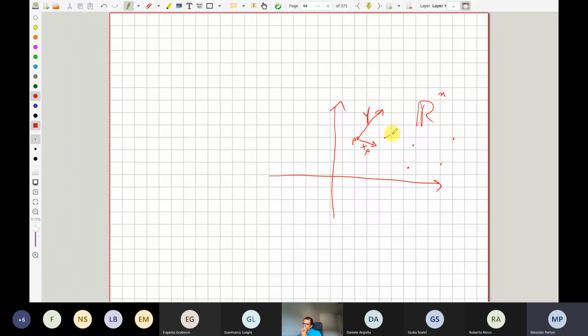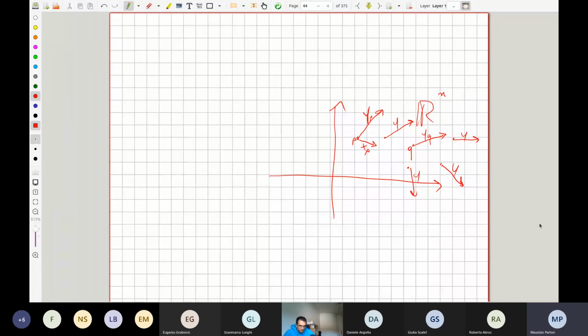Let's draw some of them. These are all values of y. I should write this is y at the point P, this is y at the point Q, and so on. Please interrupt me if this is not clear, because this is very simple. It should be completely clear.